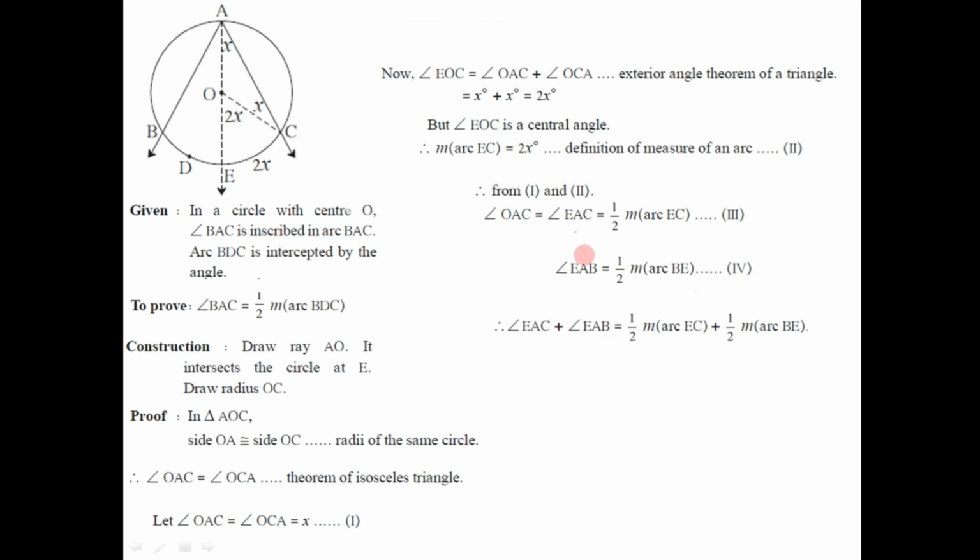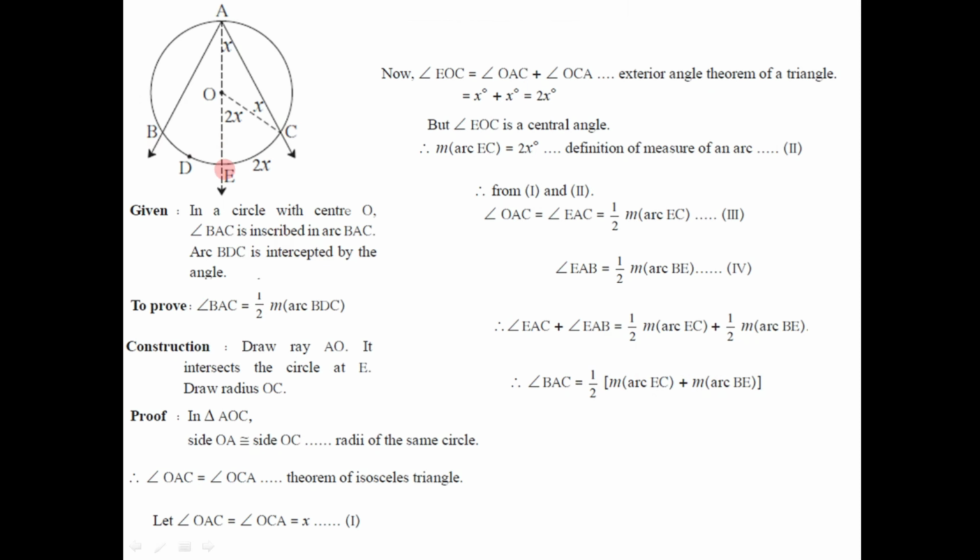Now if we add equations 3 and 4, we can add the left hand side to the left hand side to have angle EAC plus angle EAB, that is equal to the right hand sides of equations 3 and 4, which are 1/2 measure of arc EC plus 1/2 measure of arc BE. If we take 1/2 common in brackets, we have measure of arc EC plus measure of arc BE, and on the left hand side we have angle EAC plus angle EAB.